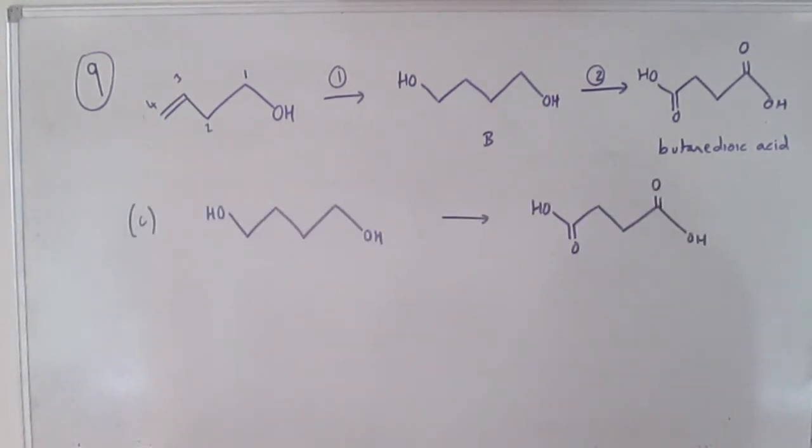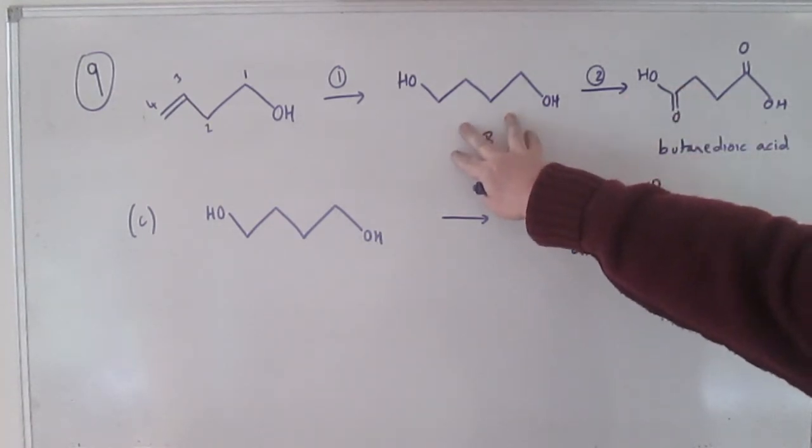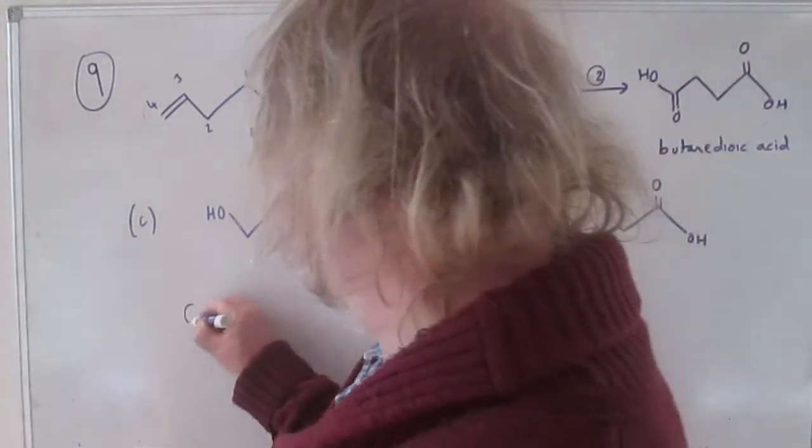So then part C turns to the second step in the synthesis, which is conversion of this diol B into butane dioic acid. So first of all, it wants to know what type of reaction this is. So remember, this is oxidation, because we're adding these extra oxygens into the molecule. It's oxidation of an alcohol, so that's the type of reaction.